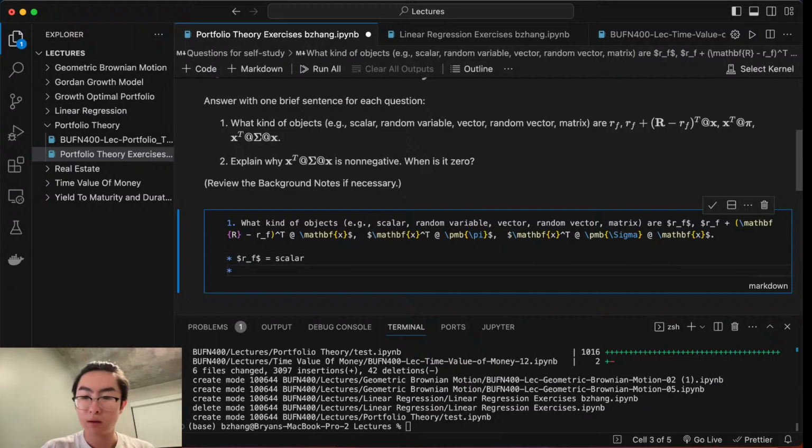We have R_F plus (R minus R_F) transpose, that's X.